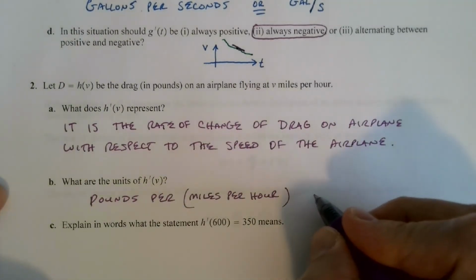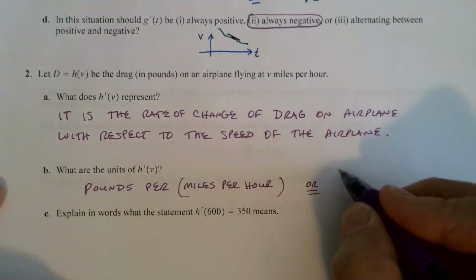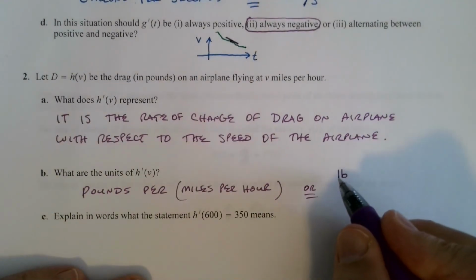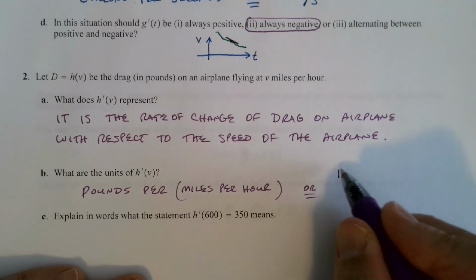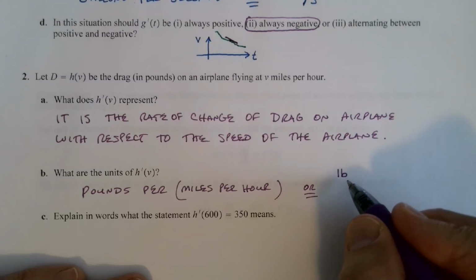You can also write it in shorthand notation. Pounds typically are designated lb. I think that has something to do with Latin for scales or weight. But lb is the typical designation for pounds.